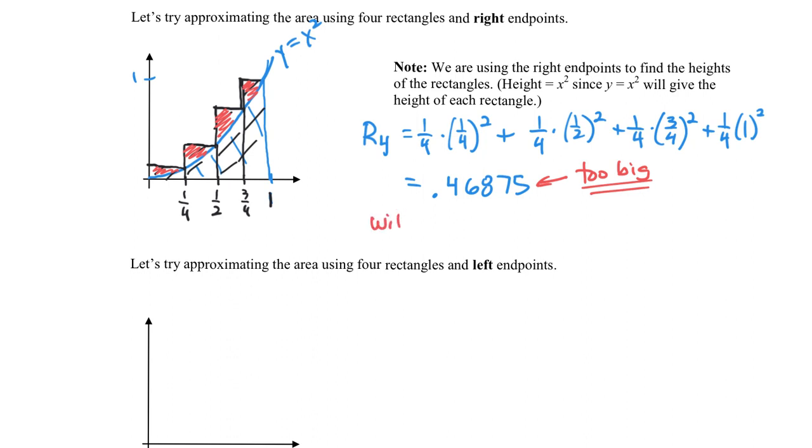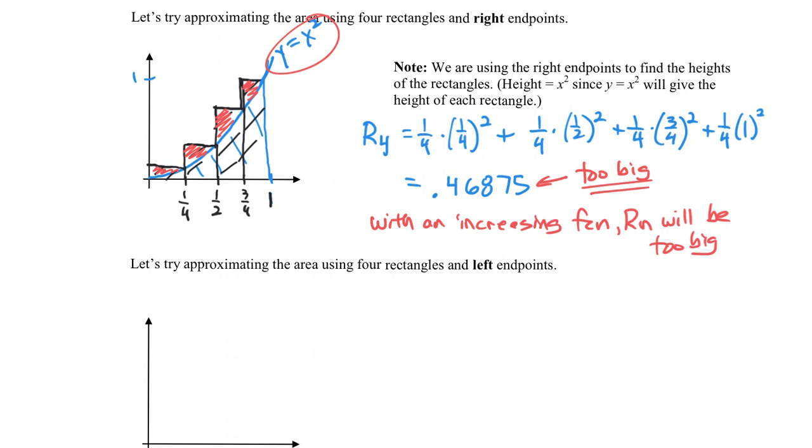With an increasing function like y equals x squared, it's increasing, meaning as we move along here, as x goes up, y goes up. It's increasing as we go. With an increasing function, R sub n will be too big.